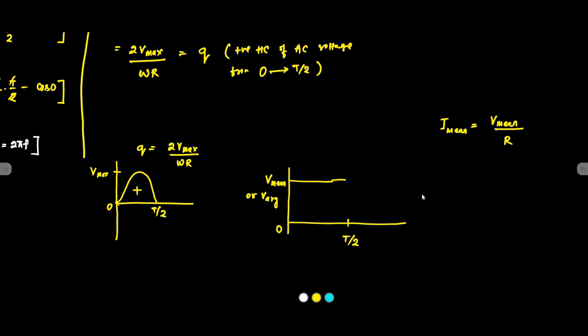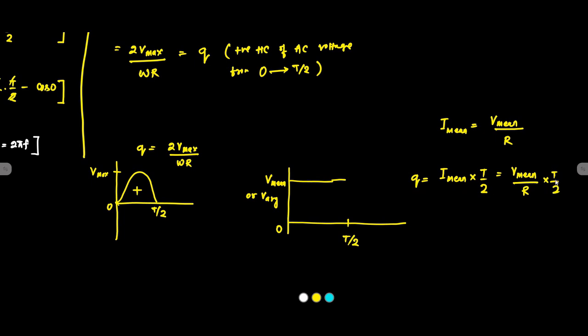Now the charge transferred by this current, which is equal to V mean by R, in time duration T by 2, that is equal to I mean into T by 2, which is equal to V mean by R into T by 2, because we are applying this voltage to a resistance R. This is the charge transferred by this DC voltage.